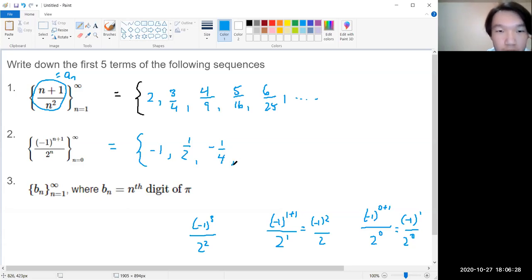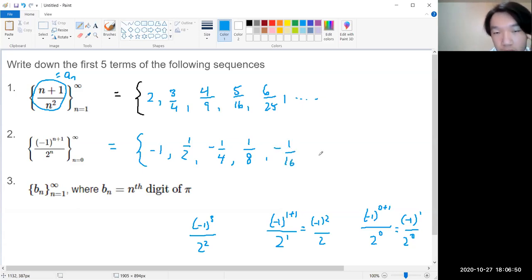I think there's a pattern here, right? What will be the last two terms? I think it's probably +1 over 8, I think. I'm just doing this in my head, so let me know if I make a mistake. -1 over 16.